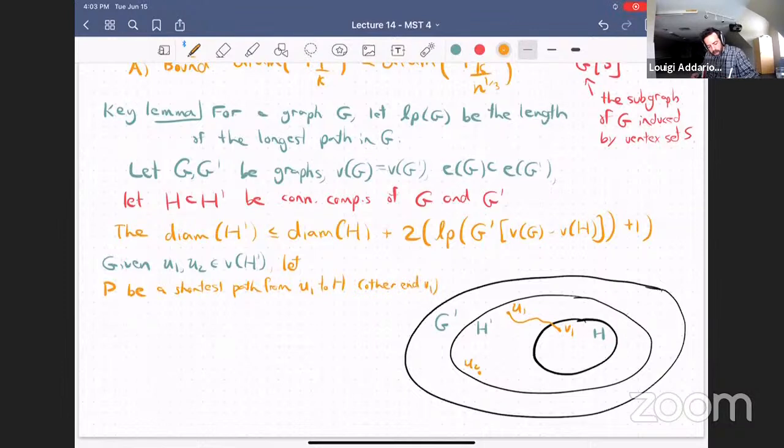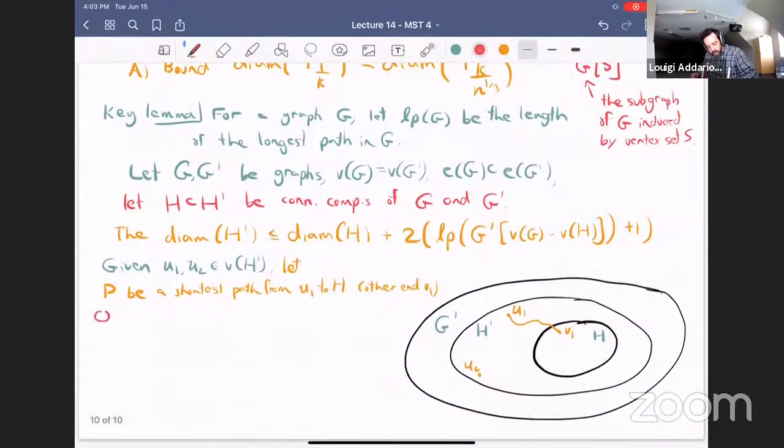And then let Q be a shortest path from U2 to H, and I'll call its other end V2.